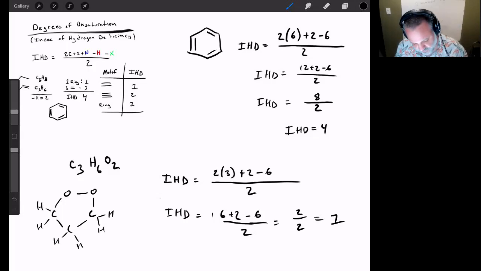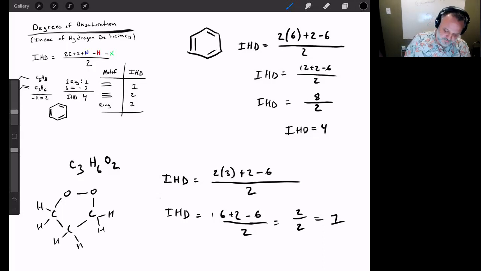Yeah, look, C3H6O2. So there's a possibility. Again, you can't determine the actual structure unless you get more information. The IHD just tells you the possible constitutional isomers of a particular formula because of the structural motifs that could be present in those isomers.